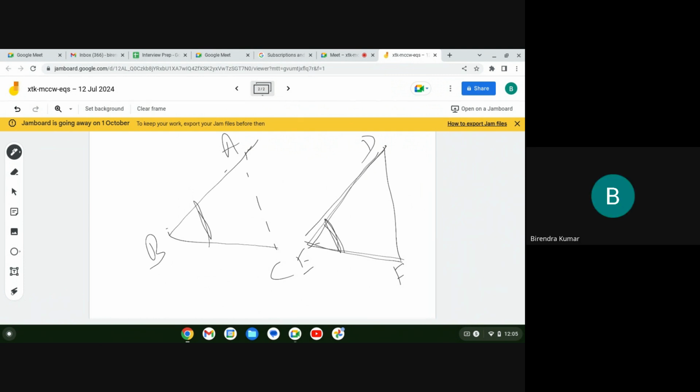This side and this side are the same length, with the same angle. We are saying that this is not equal to this, but that is not technically possible because if you have two sides, this distance, now you go back to this angle.